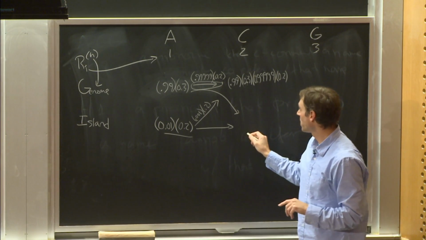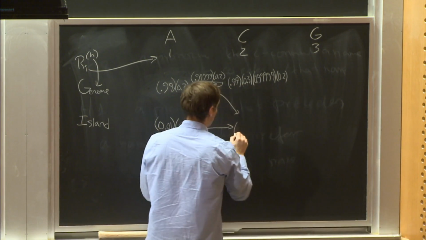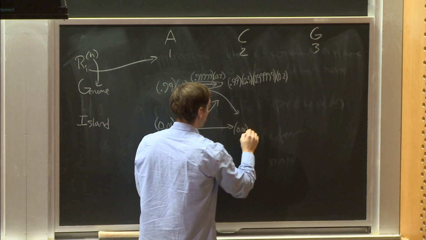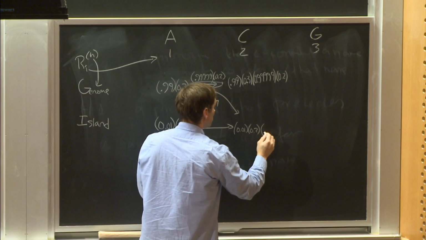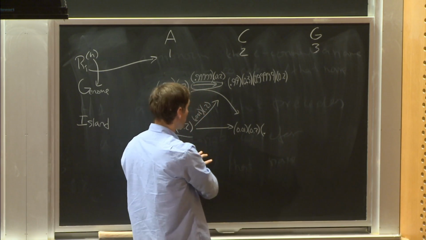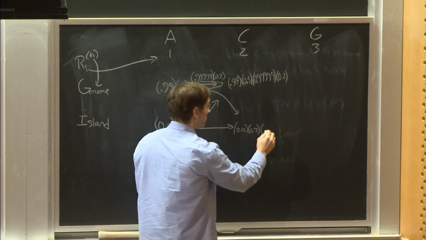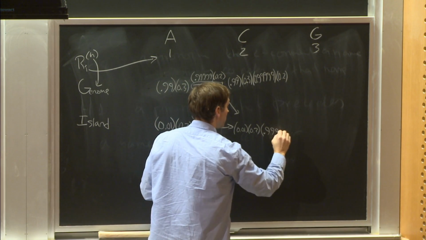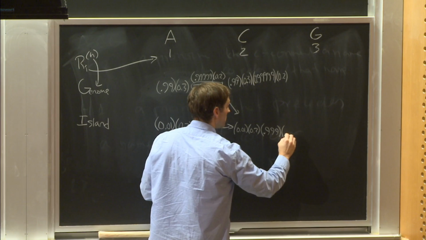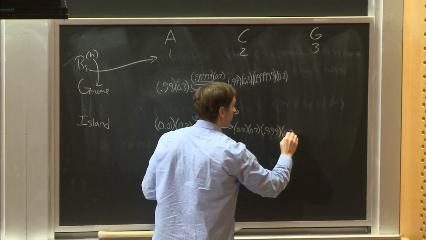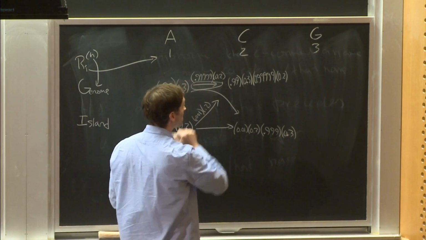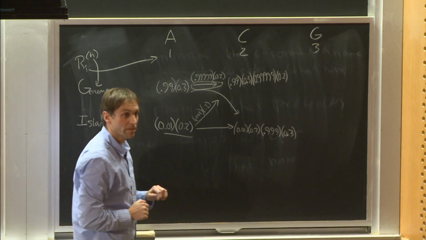Okay, and what will that value be? So it's whatever it was before times the transition, which is what? From island to island? 0.999 times the emission, which is 0.3. Right. Island is more likely to emit a C. Everyone clear on that?